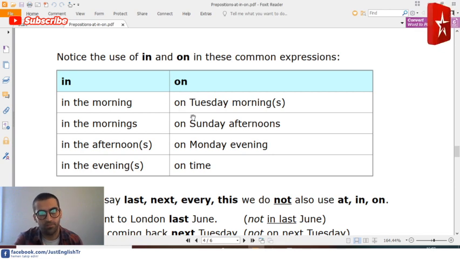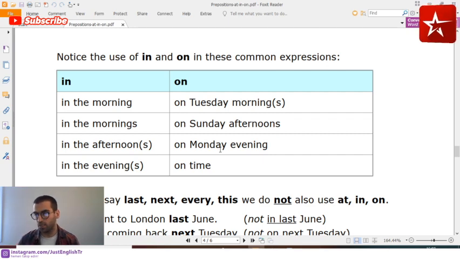Bu noktada on kullanmamız gerekiyor. Yani ilk kelimeye bakmamız lazım. Haftanın günü kullanılmış: on Tuesday, on Sunday, on Monday. Morning, afternoon, evening bir şey değişmiyor. Eğer yalnız evening olursa in the evening oluyor. Ama Monday evening olursa on Monday evening olması gerekiyor.